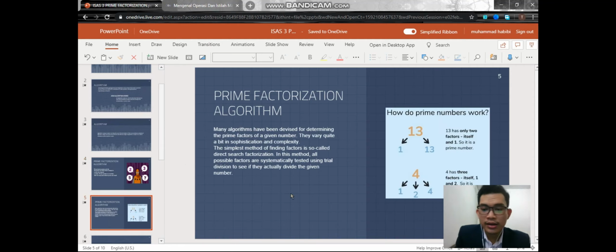Here we can see 13 and 4. 13 is a prime number because 13 has only two factors, itself and 1. 4 is not a prime number because 4 has three factors: 1, 2, and itself, 4.